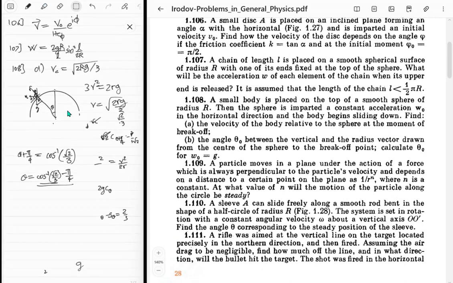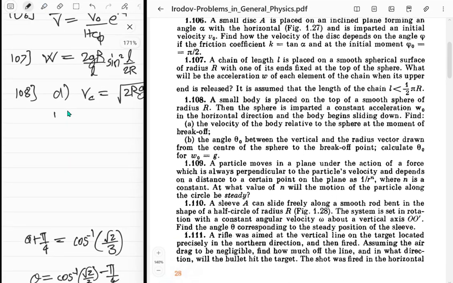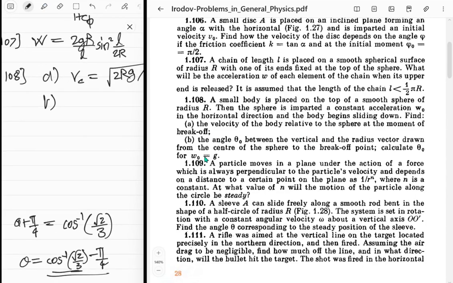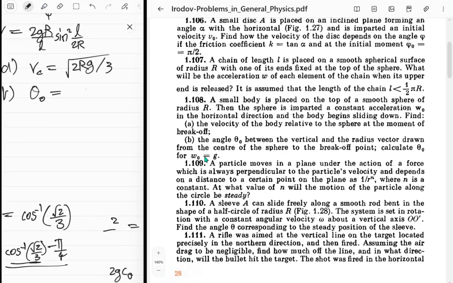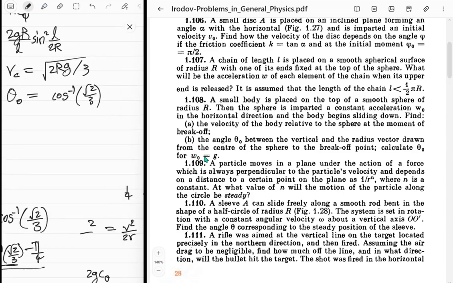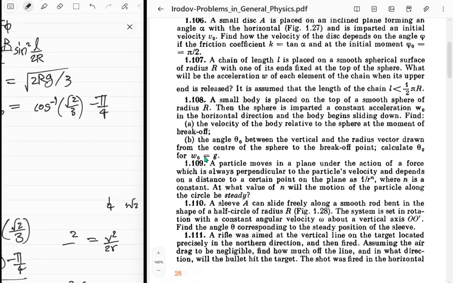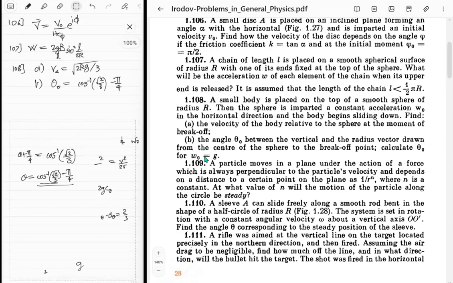So there we go. You got what theta naught should be. A is the more amazing result. B is fine, whatever, special case. Theta naught is equal to cosine inverse of square root 2/3 minus 5/4. Right. 109.